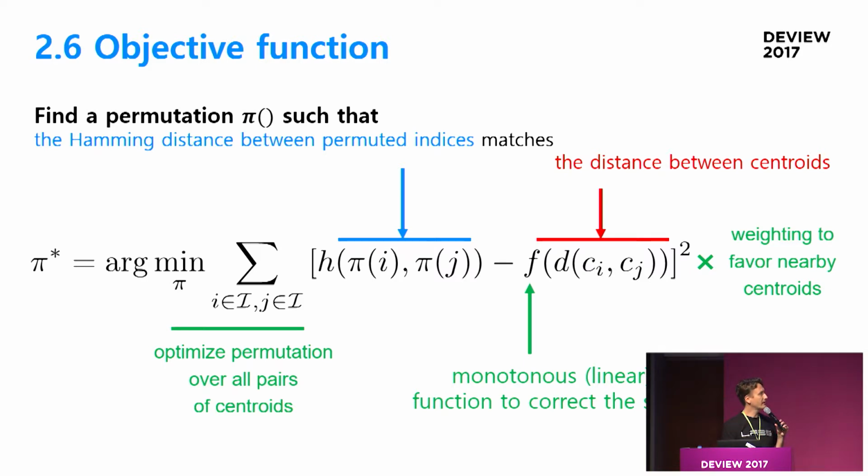This reflects the fact that we are especially keen on doing a good job at approximating the distance between close centroids, not between very far away centroids, because the binary interpretation is used just as a first filtering stage to discard those points which are very far away in the space. This is the objective function.